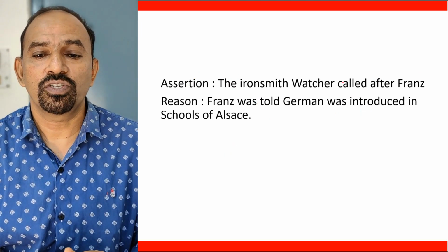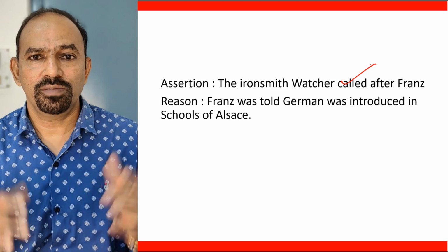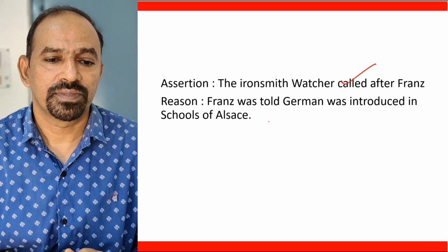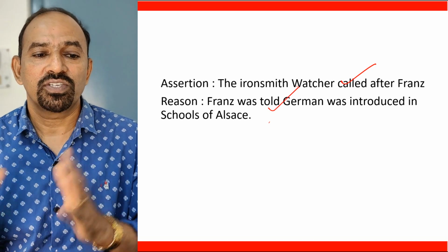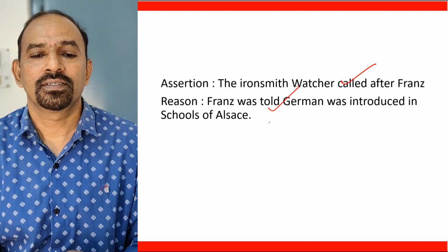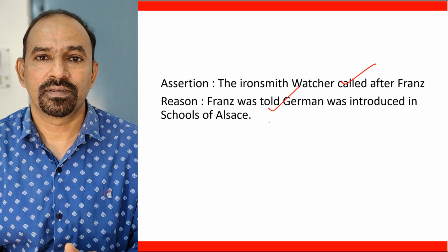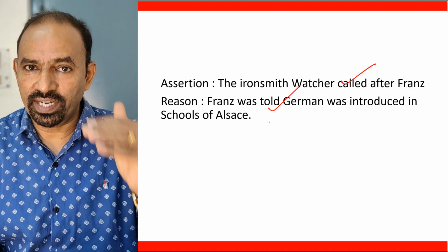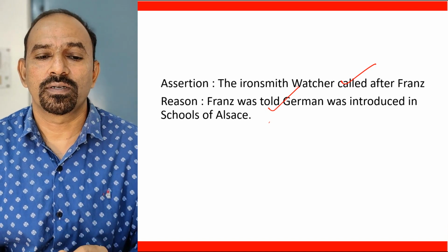Look at the next one. The ironsmith watcher called after Franz. Same sentence, same statement. Then reason: Franz was told German was introduced in schools of Alsace. Look at these two statements. We have to think in terms of the context in the textbook.